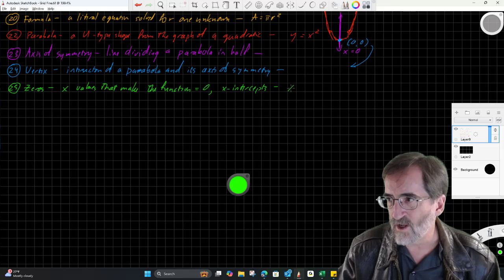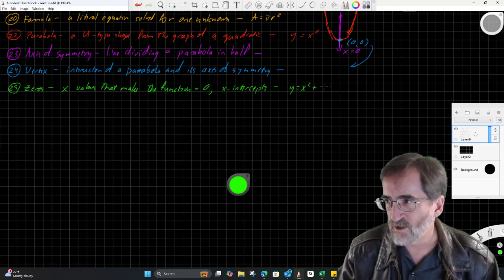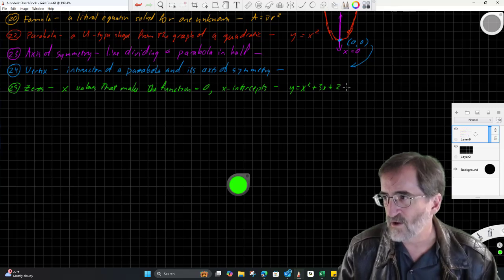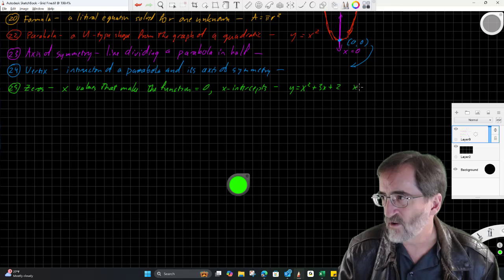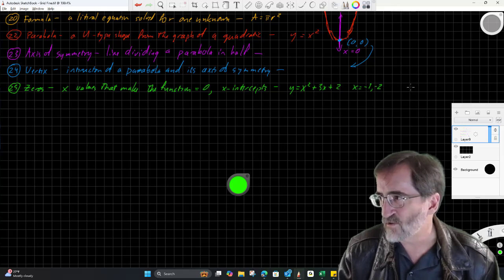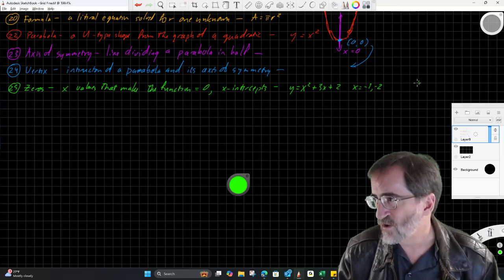So for y equals x squared plus 3x plus 2, the values -1 and -2 are zeros because it crosses at -1 and -2.